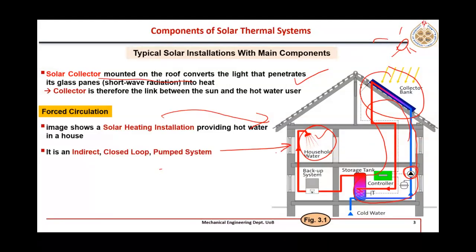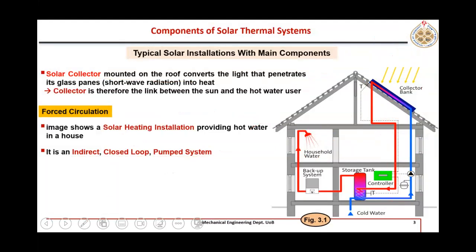This system which we see here is an indirect, closed loop and pumped system. Closed loop is clear: this solar loop is not open to the ambient, that's why we call it closed loop.